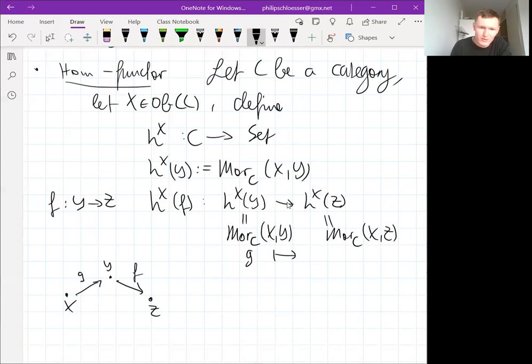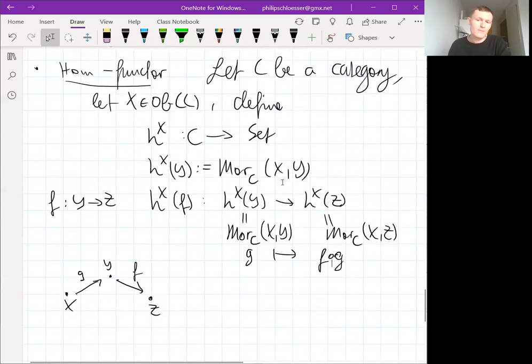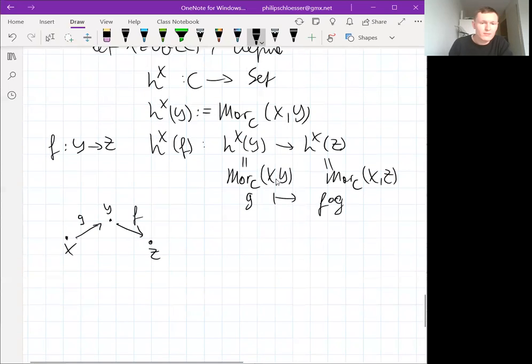And what do we do? We just compose the two: f after g. Okay, this is again a morphism. The functor laws just basically come from the category laws in C.